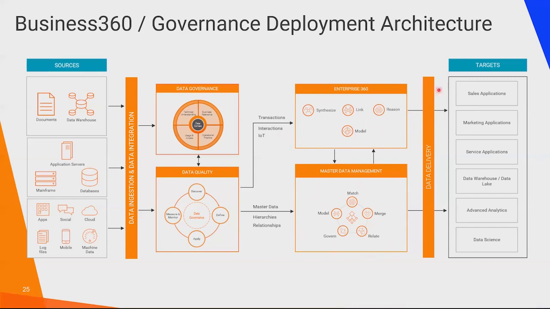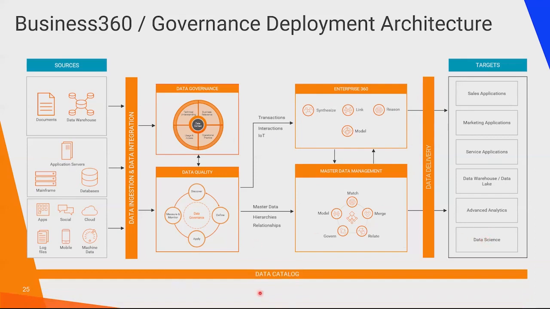That could be sales applications, marketing, service, data warehouse, and so on. So all of these activities can be done, but on top of it, you have a data cataloging feature, which can be applied all across, right from the sources to the targets, and then you can track the lineage and activities going on at each and every step.